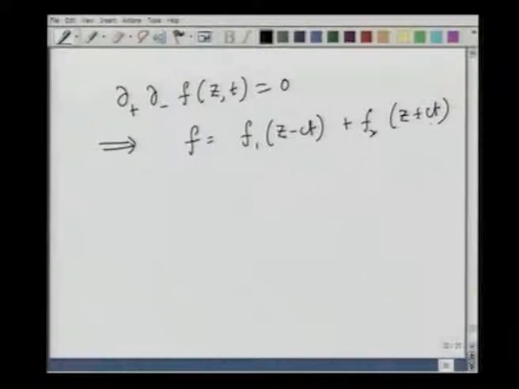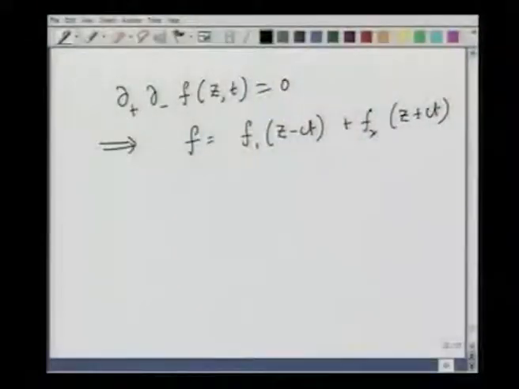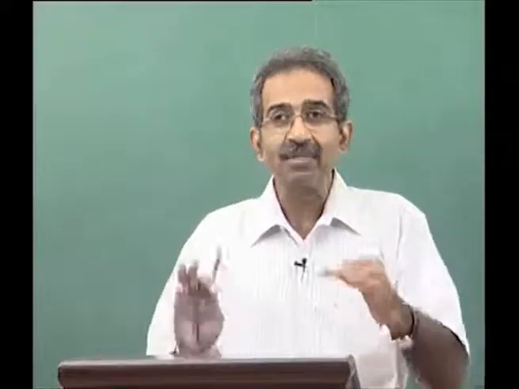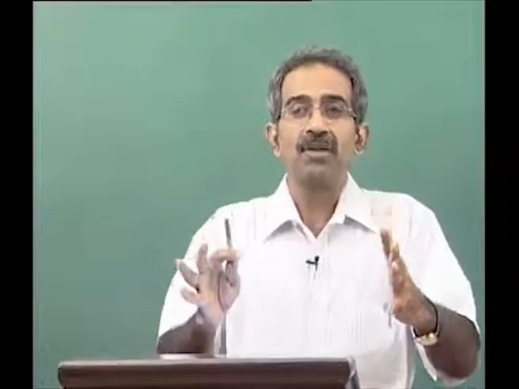This is what is going to tell me what the meaning of a wave is. After doing this, we are going to plug it in the Maxwell's equations, make use of all the 4 Maxwell's equations, and establish the identity of light with electromagnetic waves and then provide the experimental evidence for that, and that is where Jagadish Chandra Bose plays a very, very crucial role, and we will take that up in the next lecture.